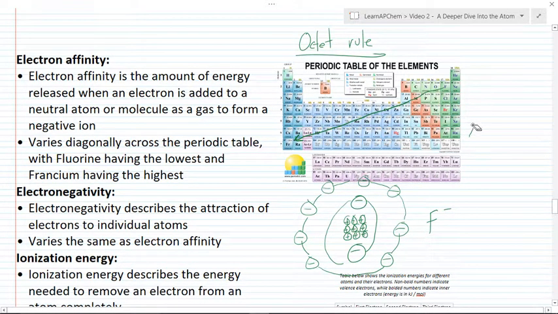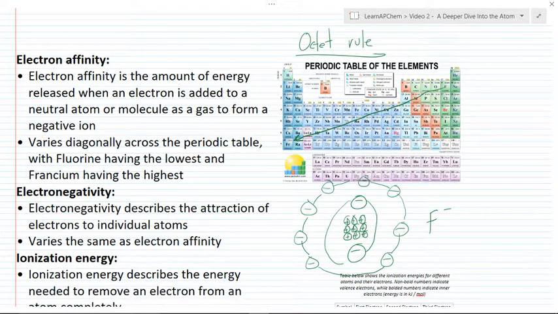So in other words, it works top to bottom, but in terms of right to left, just ignore the noble gases, I guess. So I hope that answers your question. If you have any more questions about electron affinity, ask away.